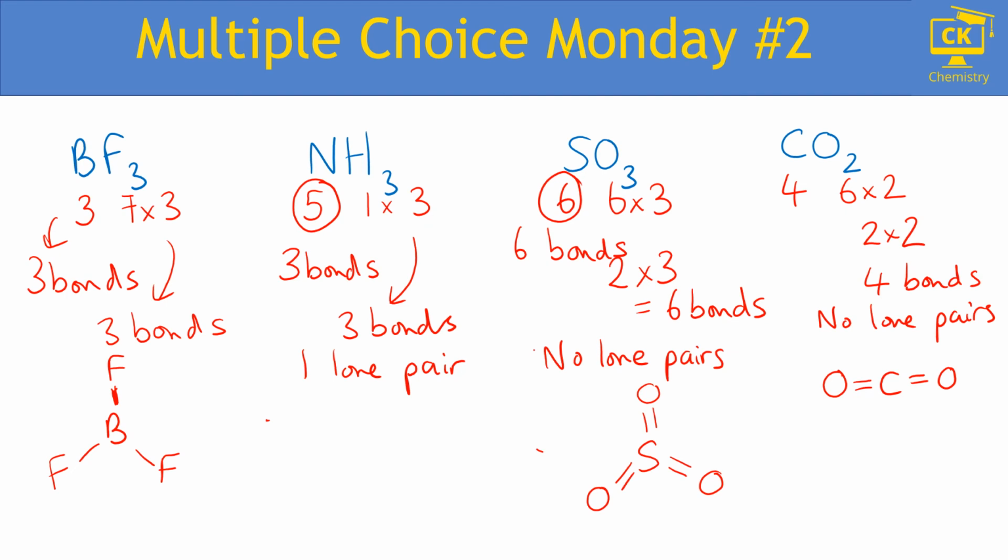So all 3 of these are non-polar because all of those electronegative atoms, the oxygens or the fluorines, are equally spaced, equal distance apart and equal angles apart, so there is no overall dipole.